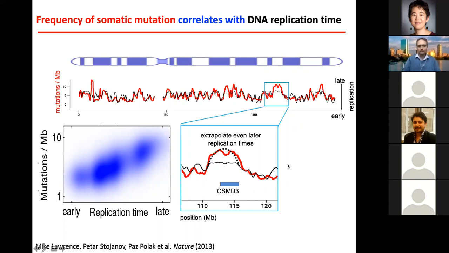We don't really understand the reason, but it could be that they just didn't have enough time to repair. It could be that there's a depletion of nucleotides, and therefore there's more chance of misincorporating wrong nucleotides, and there are other hypotheses. CSMD3, one of our fishy genes, was indeed in a very late replicating part of the genome.